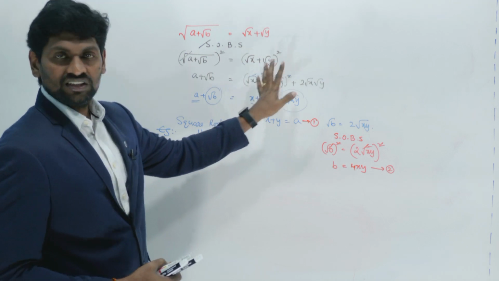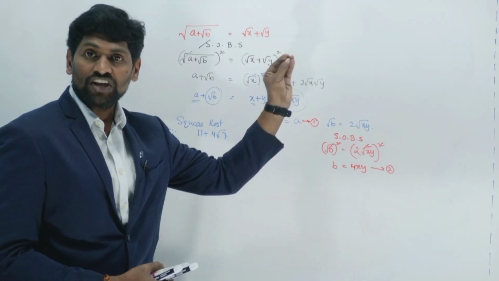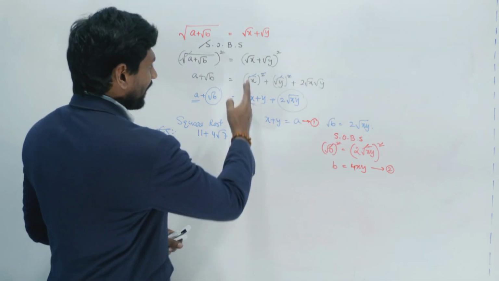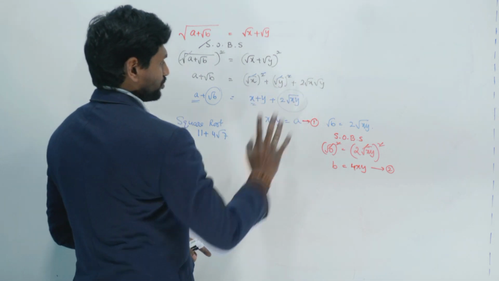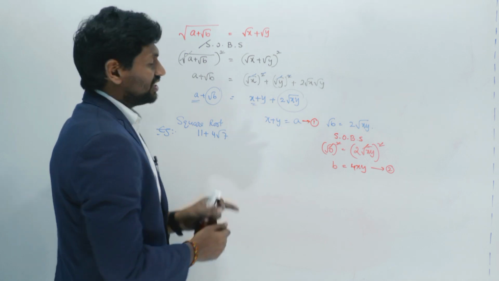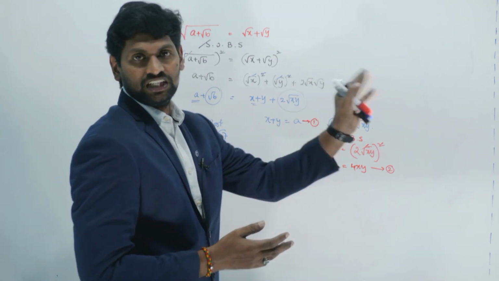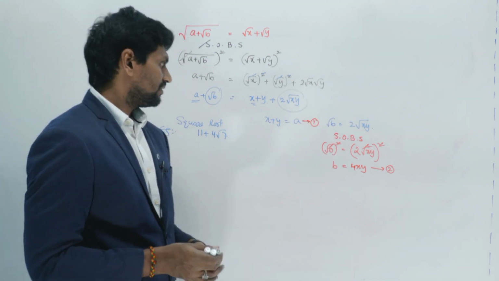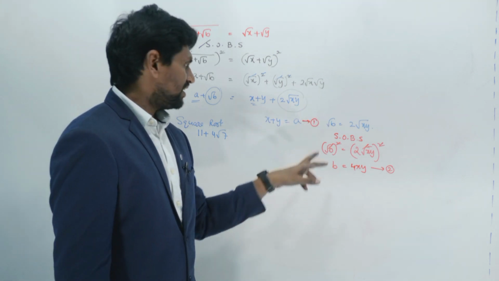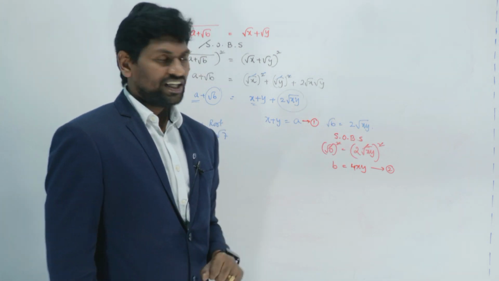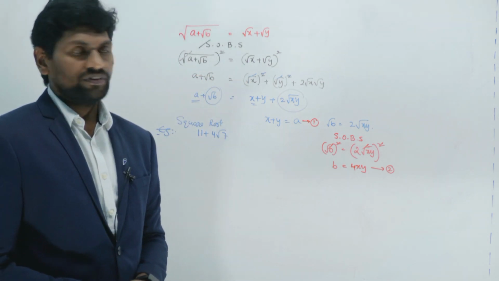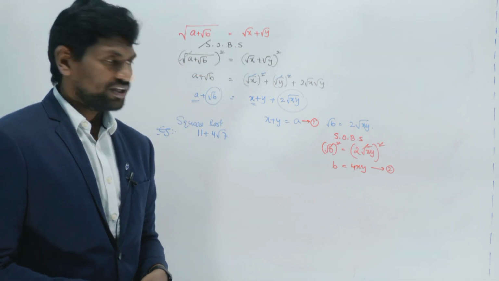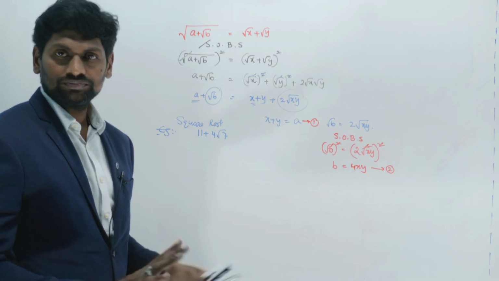The square root cancels, and the right hand side is in the form of a plus b whole square formula: a square plus b square plus 2ab. Then compare the rational part and the irrational part. From the irrational part, root b value equals 2 root xy came. So from this, b value is 4xy. Okay?